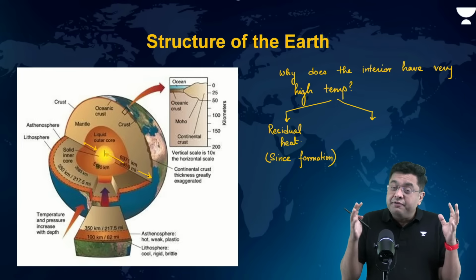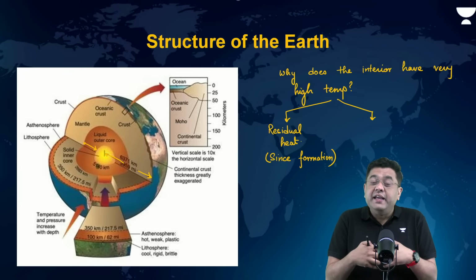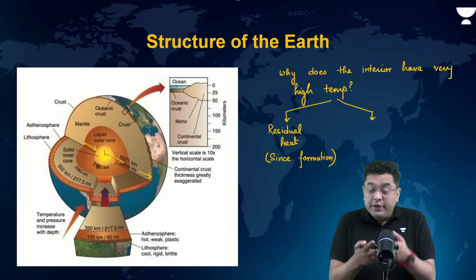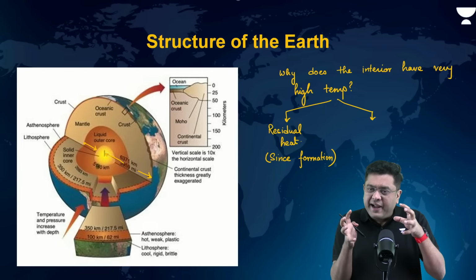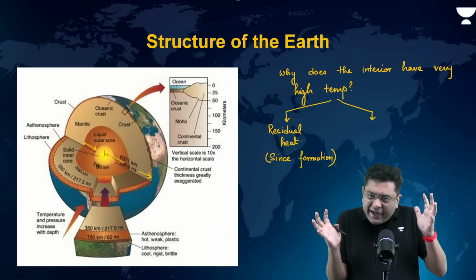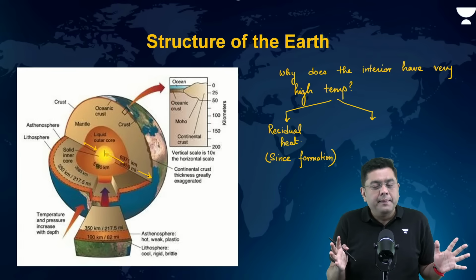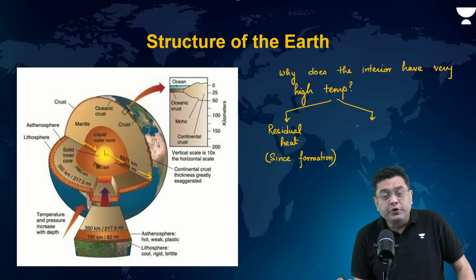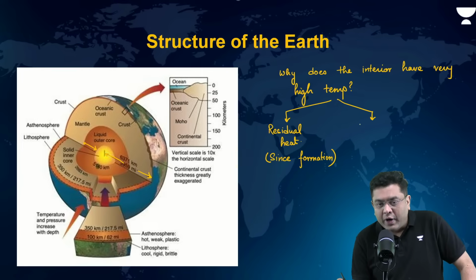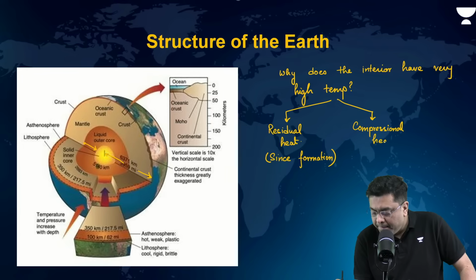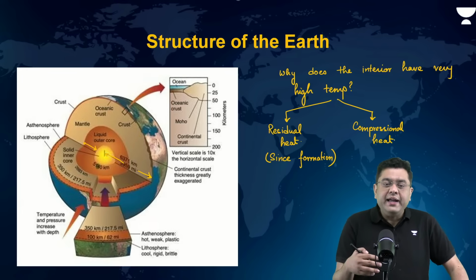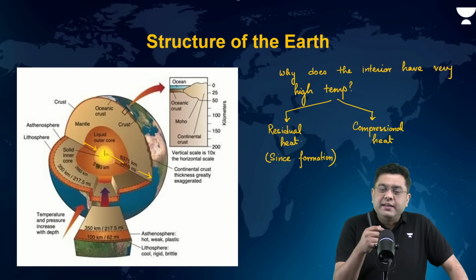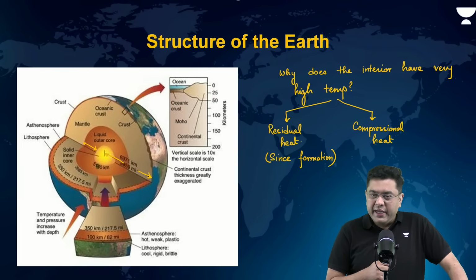So whenever you compress anything, heat is generated. Planet Earth, as it solidified, had shrunk. So that is where the temperature increased. This is the case of compressional heat. That is why as you move to the interior, the temperature tends to increase.